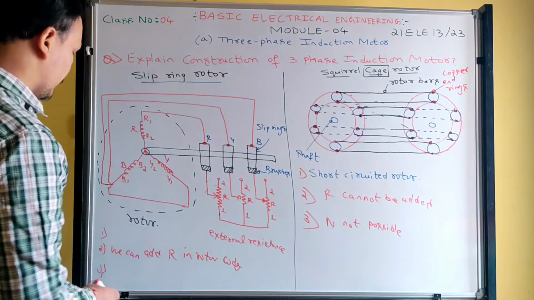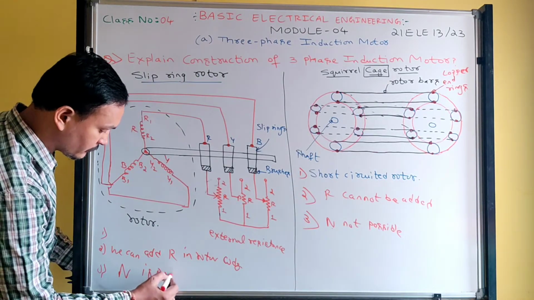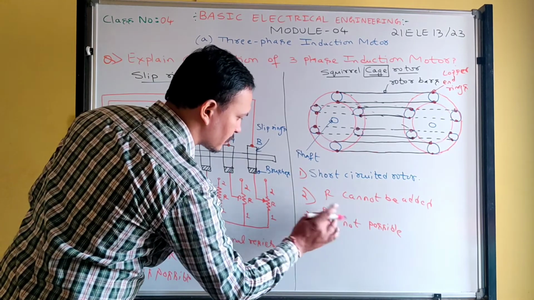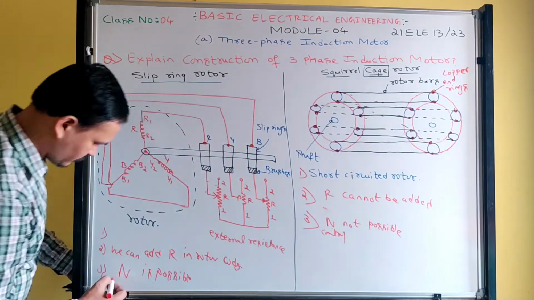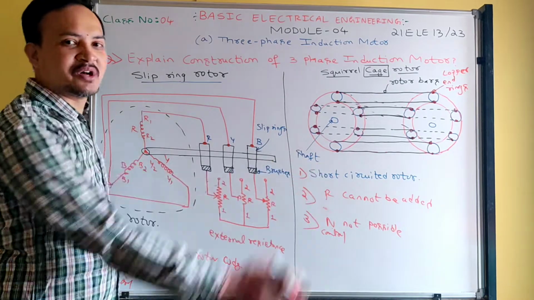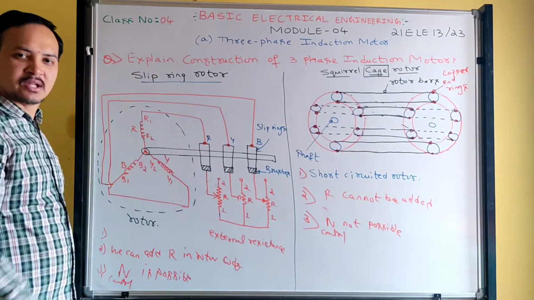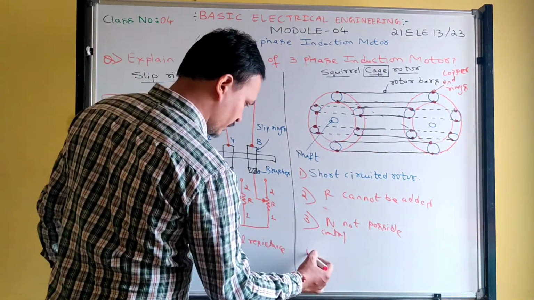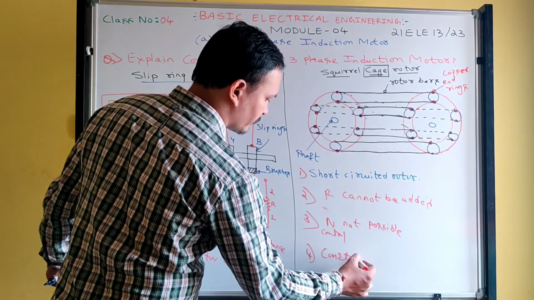But here, speed control is possible. I will write here N control, which means speed control. Speed control is possible here and not there, because we can have the external resistance, current decreases, speed decreases. So next is number 4, constant speed rotor.